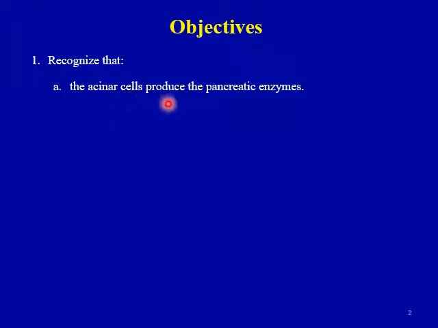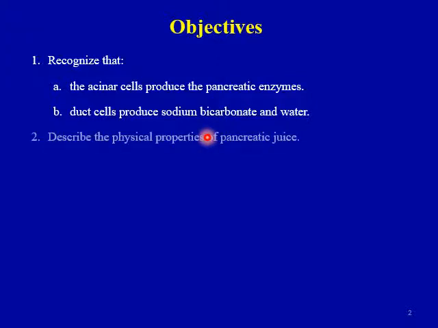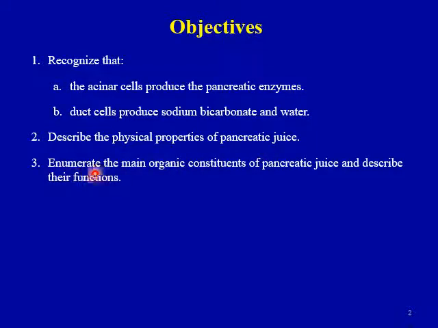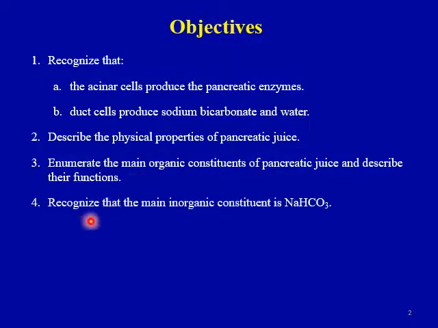The objectives of today's lecture are to recognize that the acinar cells produce the pancreatic enzymes and that the duct cells produce sodium bicarbonate and water. And this sodium bicarbonate is very important for the neutralization of the acidic chyme. Describe the physical properties of pancreatic juice, and then enumerate the main organic constituents of the pancreatic juice and describe their functions.